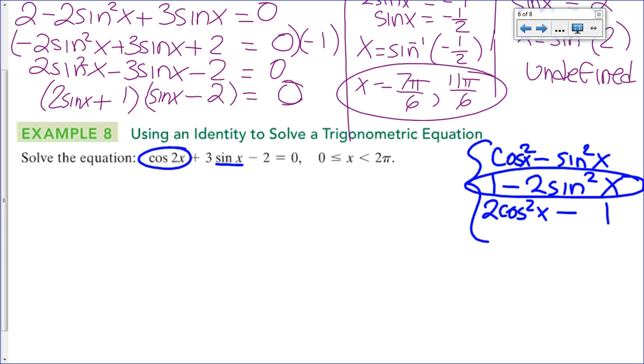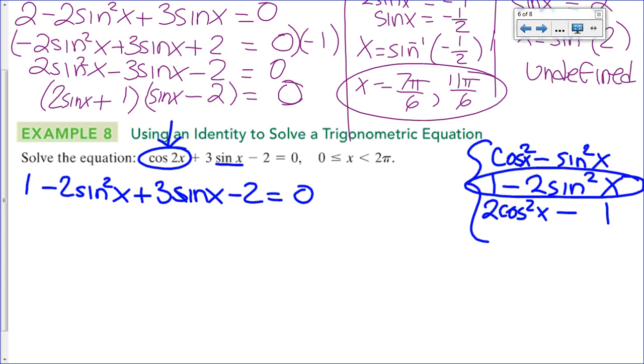Okay? So instead of cosine of 2x, we're going to substitute it with 1 minus 2 sine squared x plus 3 sine x minus 2. Now I'm going to go ahead and rewrite it. So negative 2 sine squared x plus 3 sine x minus 2.